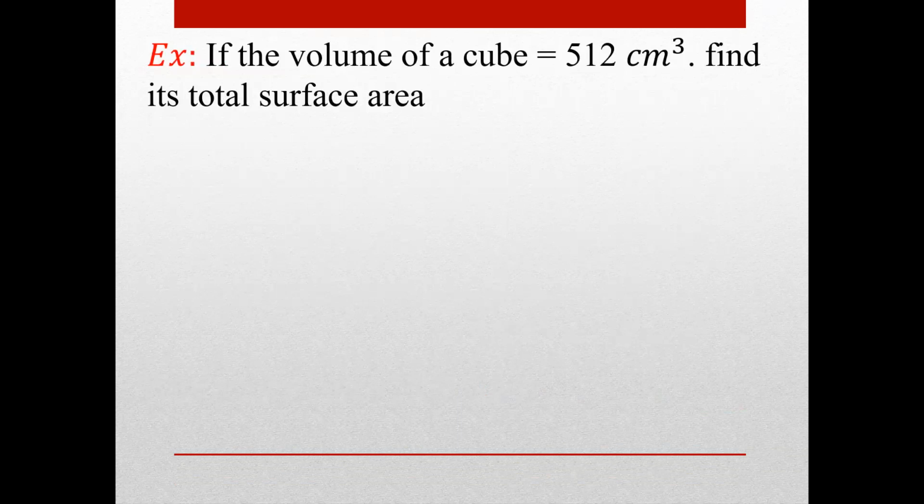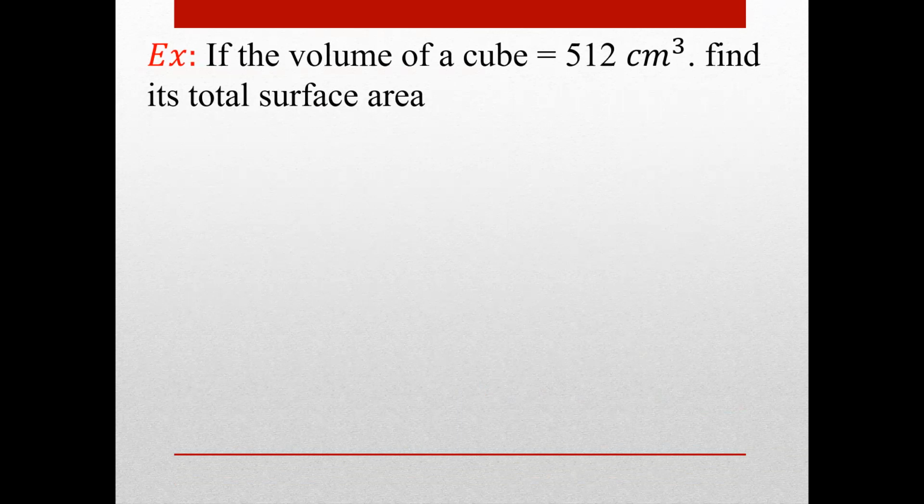Here I have the volume of a cube. Volume of cube equals 512. Find the total surface area. First, I want to know the length of each face. The volume equals length to the power 3, which means length times length times length. Length cubed equals 512, so I want to know the length.